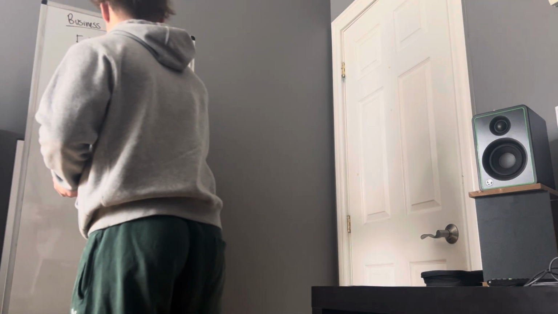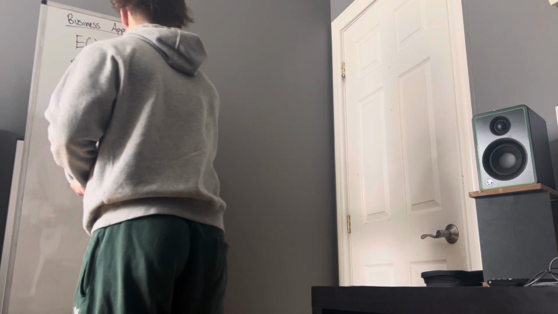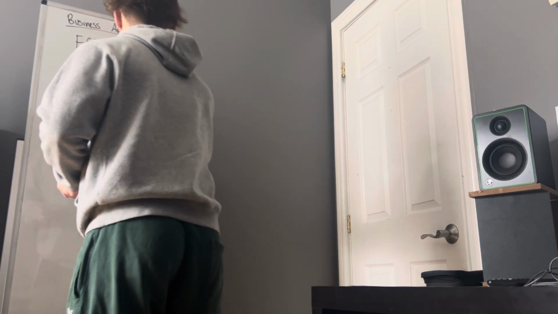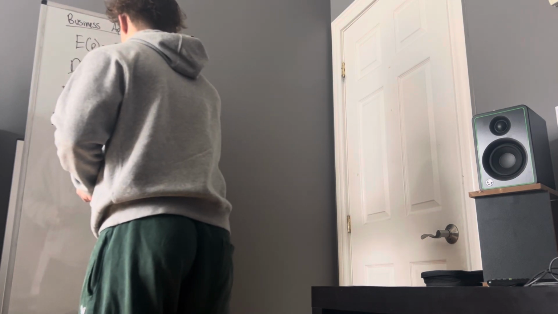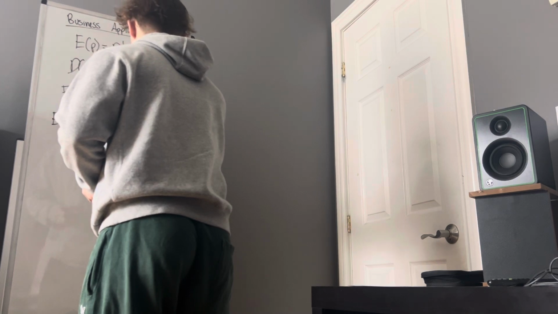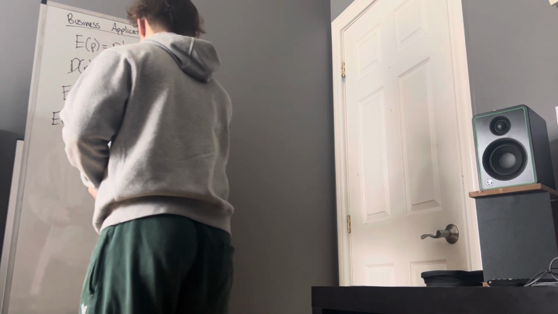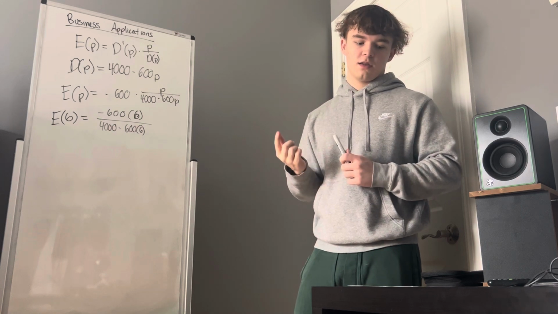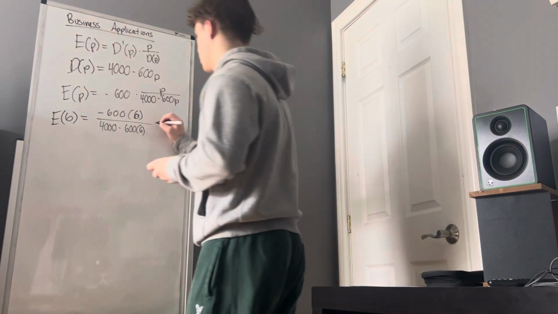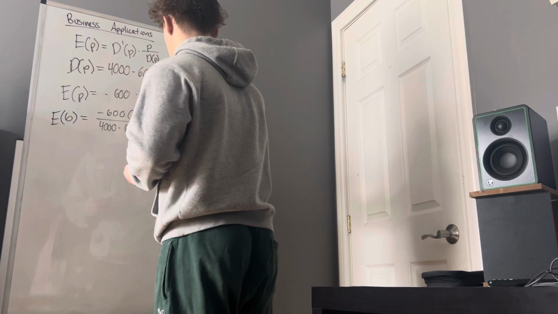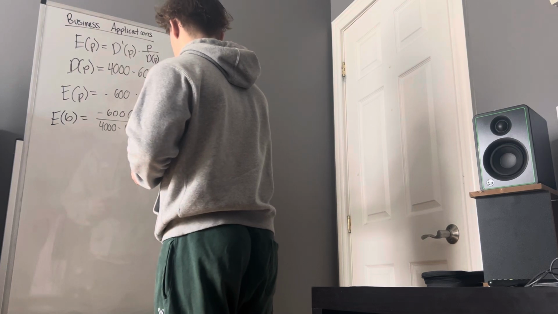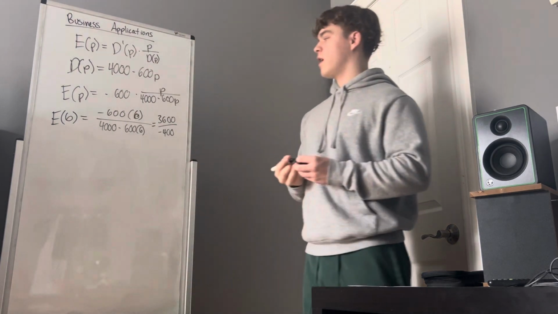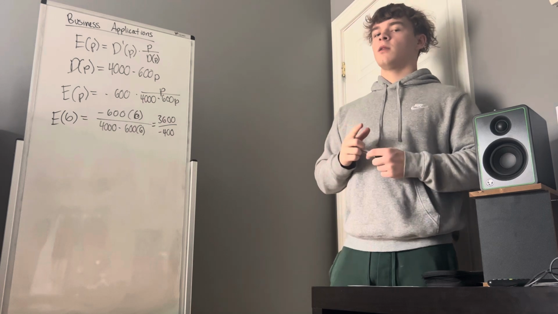is negative 600 times 6 over 4,000 minus 600 times 6. What this is going to give us is 3,600 over negative 400. And the absolute value of that is definitely over 1.